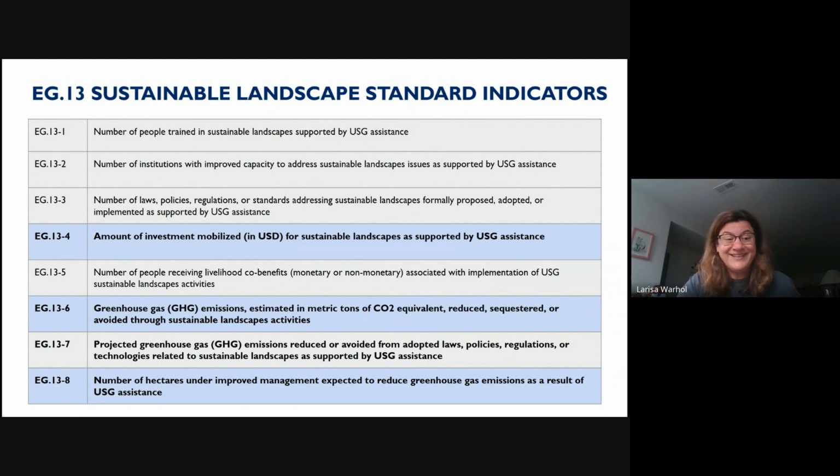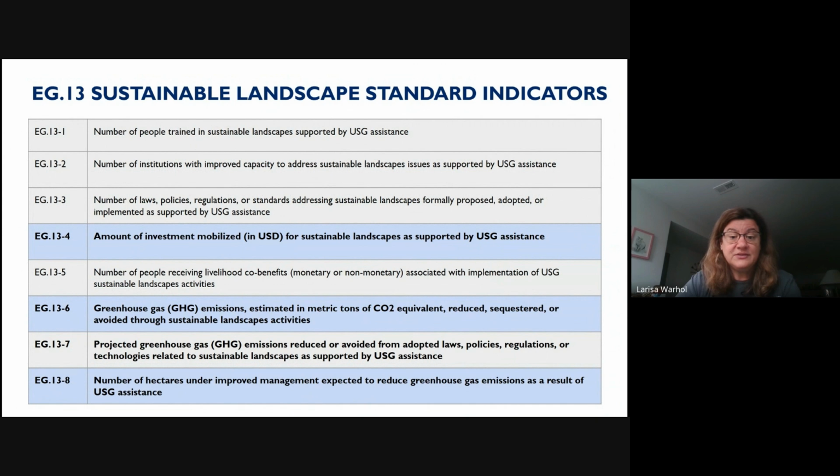We're not looking at EG.13.8 today because there's also another separate presentation on EG.13.8 and shapefiles that we encourage you to look at. And one of our brand new resources, which we will probably mention several times, is an extended indicator handbook, available on Climate Links. We encourage you to look at that. It also provides a lot more details around any of these indicators, as well as general reporting on climate indicators.